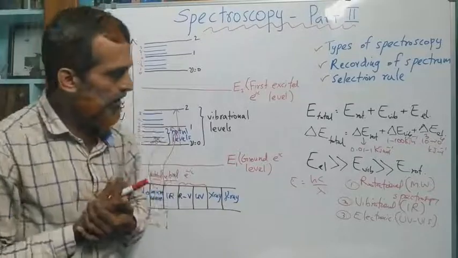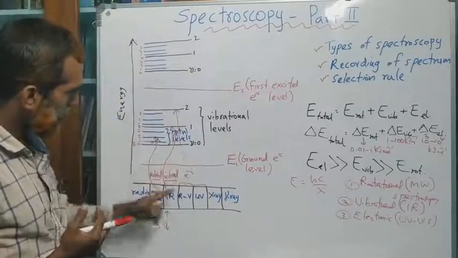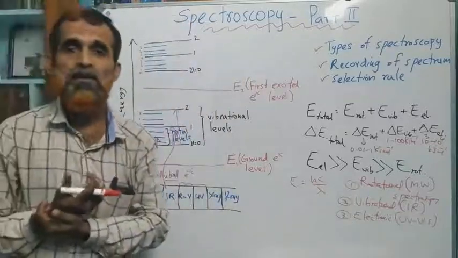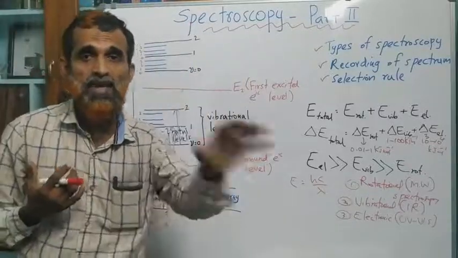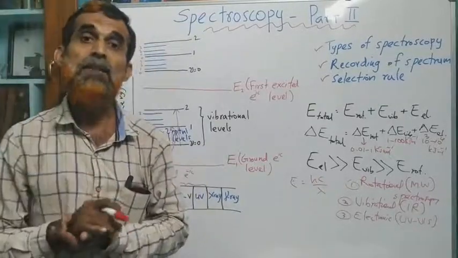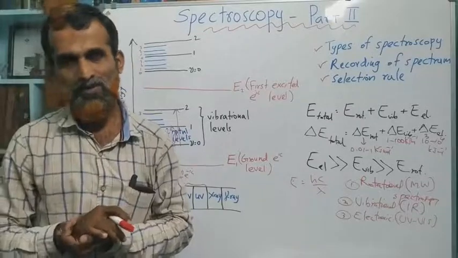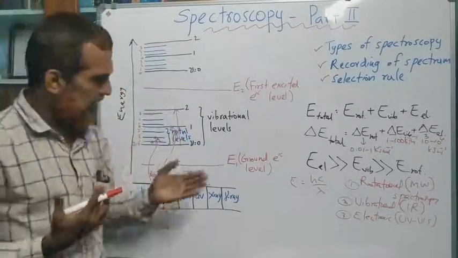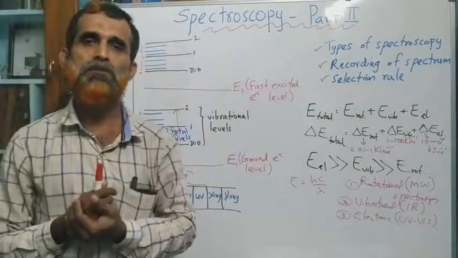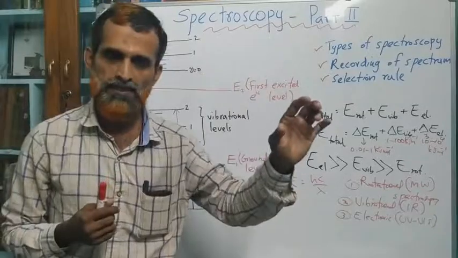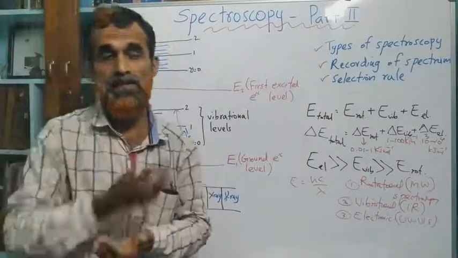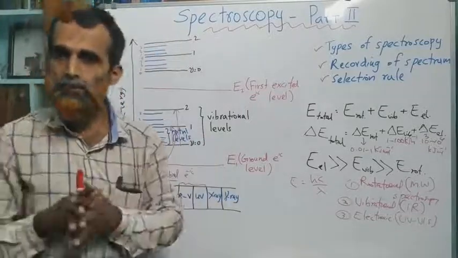That means when there is rotation, vibration or electronic transition, it is the electrical component of the radiation which interacts with the electrical dipoles of the molecule. When we go to the details, we'll understand that. So in this type of spectroscopy, electrical interaction takes place between the electromagnetic radiation and the molecule. So transition takes place, absorption takes place, giving the spectrum.